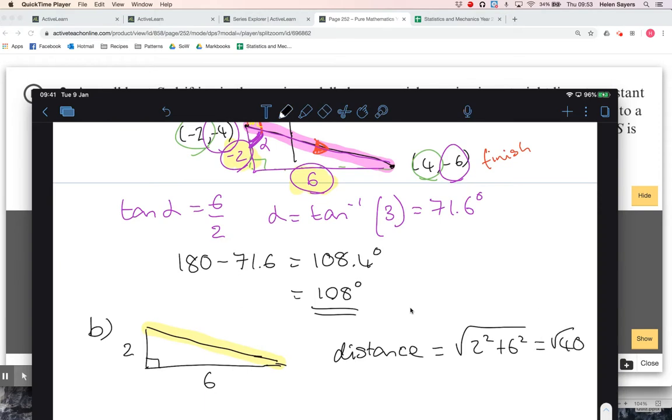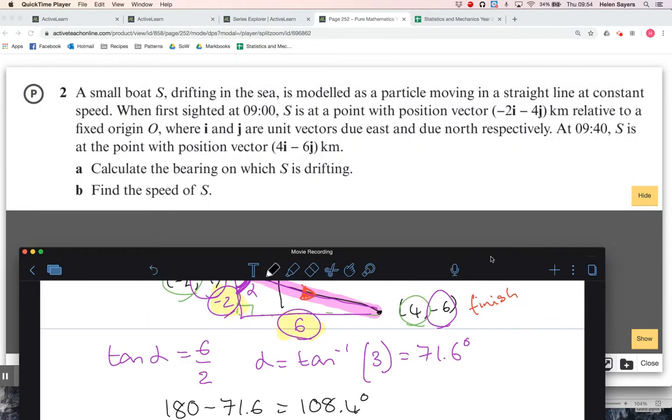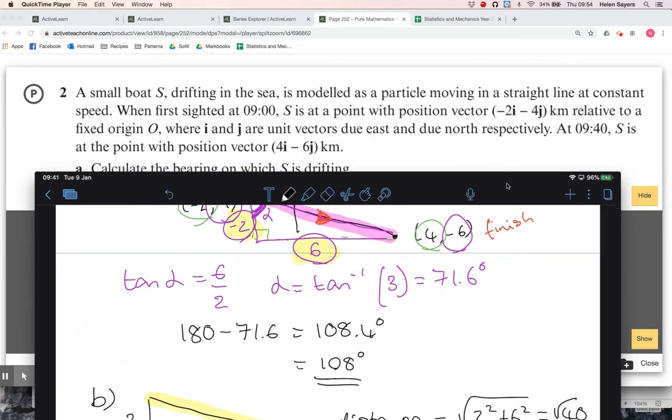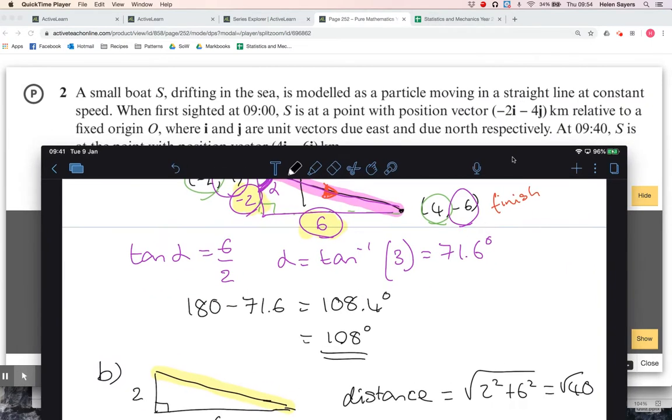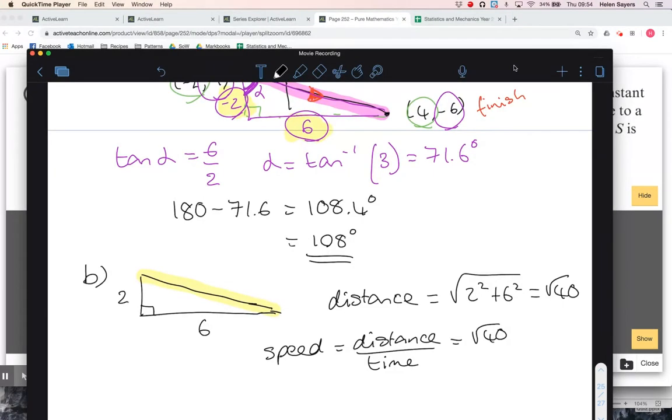So root 40, and I'm going to just leave that as an unsimplified surd there because that's just part of my working. So then the speed is distance over time. So root 40, and then I don't know if it specifies how to give the speed. No, it doesn't, but I think we're in kilometres. So kilometres per hour, I think, would be the most sensible thing.